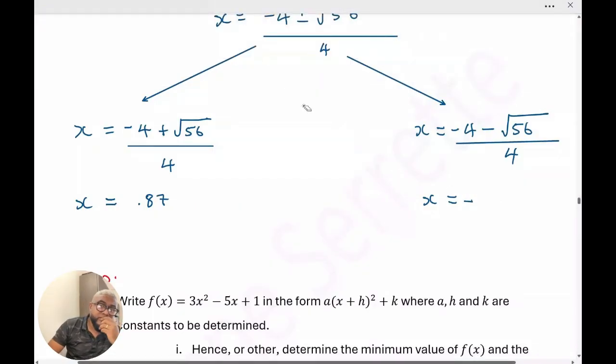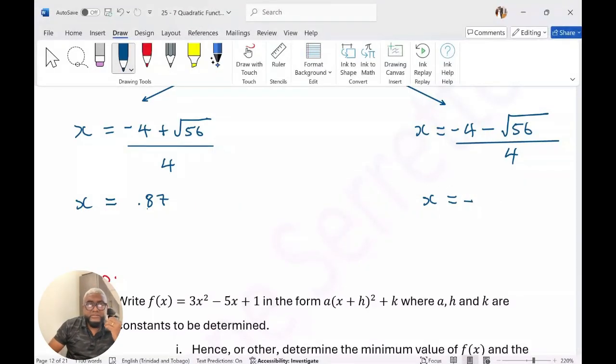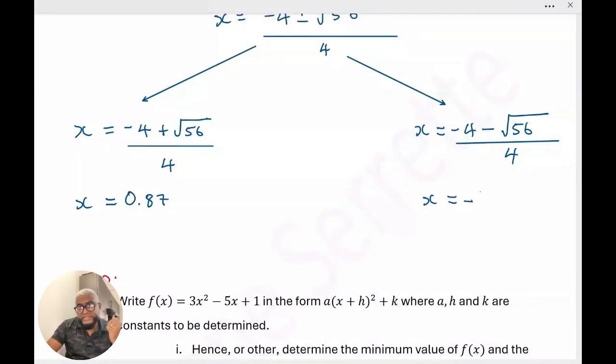Somebody says 0.87 and somebody says 0.287. Most of the time it is the same. Negative 2.87 for which one? And the plus is 0.87. All right.